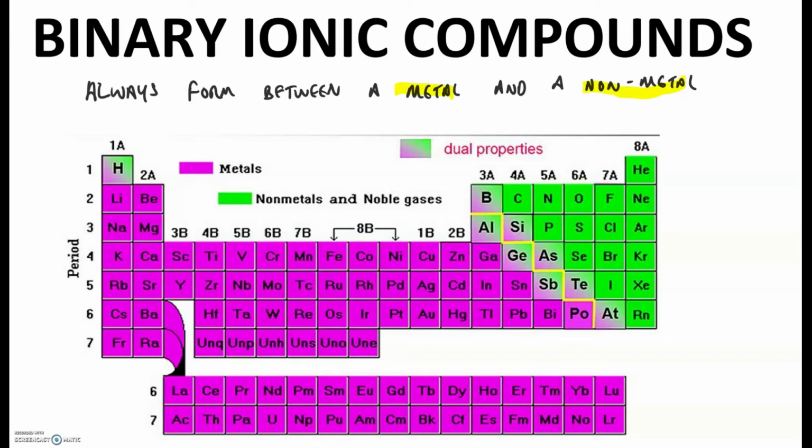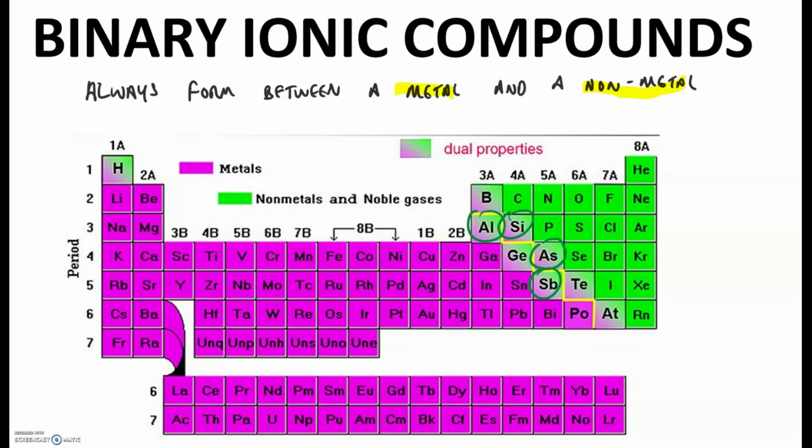And for the most part, we will ignore the metalloids, but be careful, because there are some that are going to show up quite often. Aluminum and arsenic, for example, silicon and antimony, that are very clearly on one side or the other of this demarcation line.